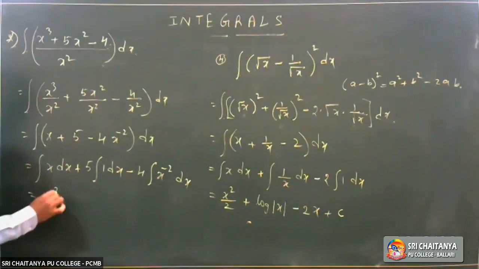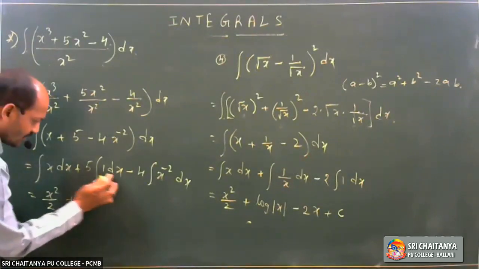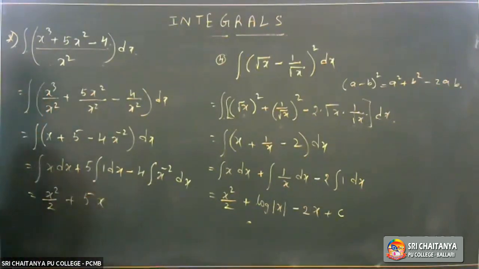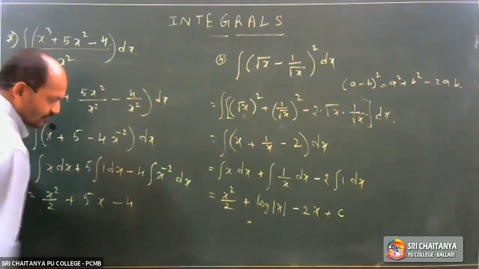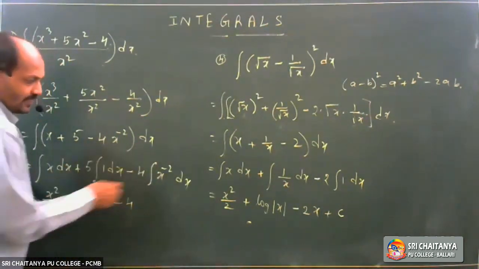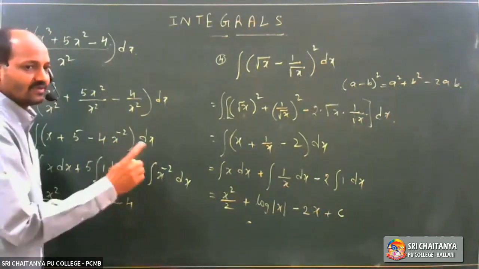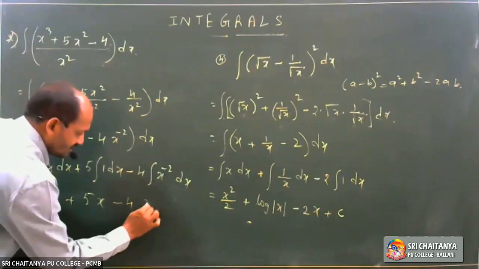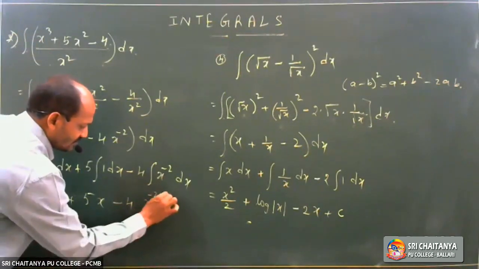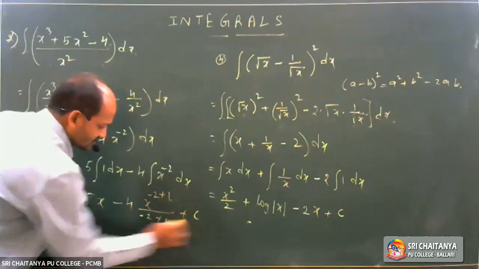It is x square by 2 plus 5 into integral of 1, which is x, minus 4. It is the integral of x power n form: x power n plus 1 by n plus 1. So that is x power minus 2 plus 1 divided by minus 2 plus 1.